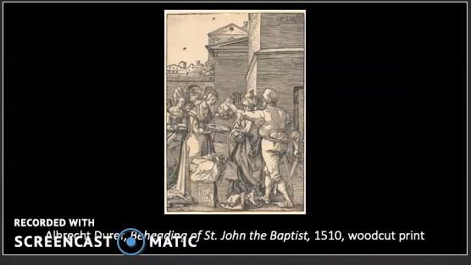Then, in addition to these frescoes that I found around Florence, we also have many prints of the subject matter that widely circulated and probably made its way to Florence. And this is just one of the many examples. This is Albrecht Dürer's woodcut print of the beheading.